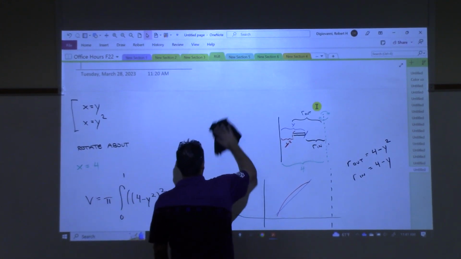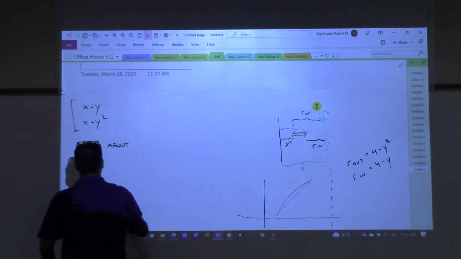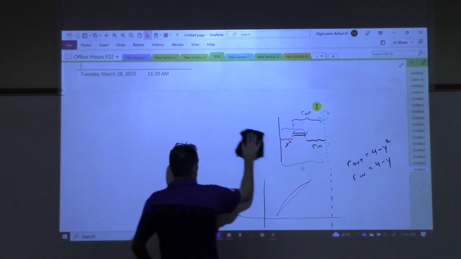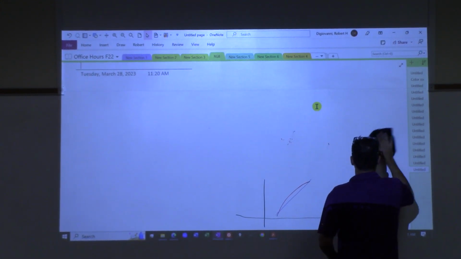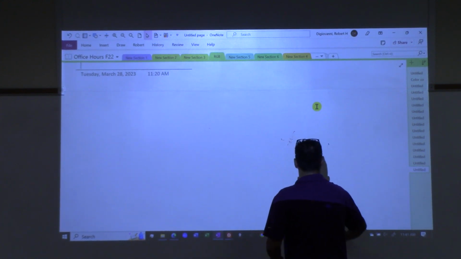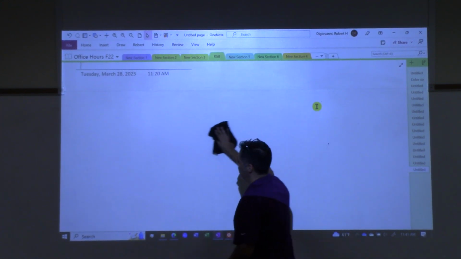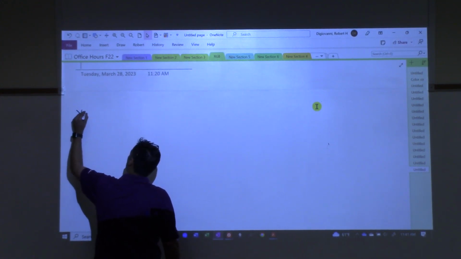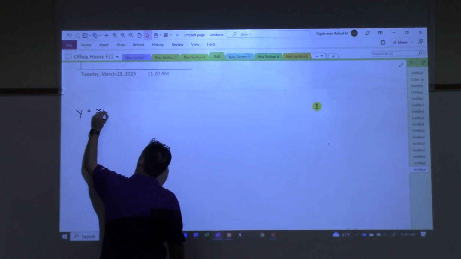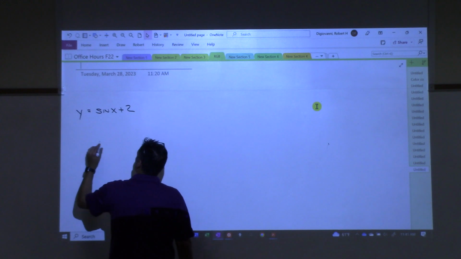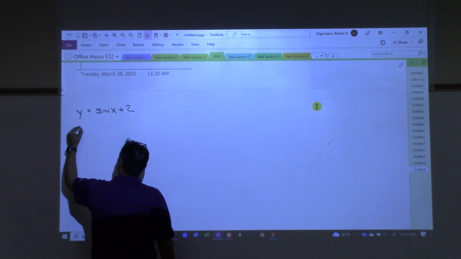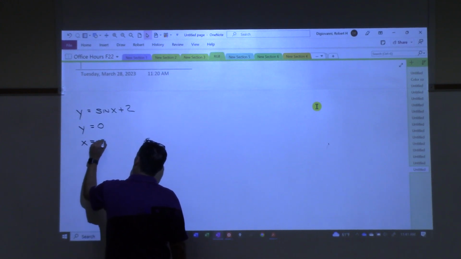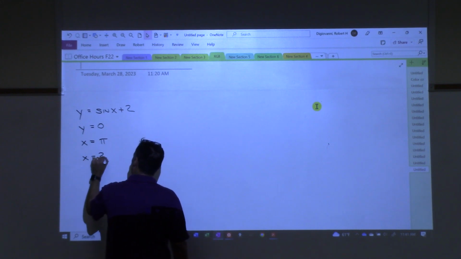Okay. So the next one I'm going to show you is kind of a weird scenario, but it can happen. I need to change the region in order to do this. So let our region be y equals sine x plus 2, y equals 0, x equals pi, and x equals 2 pi.